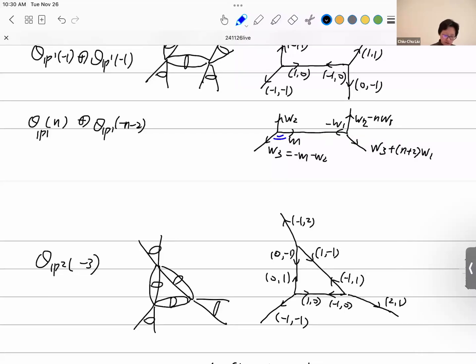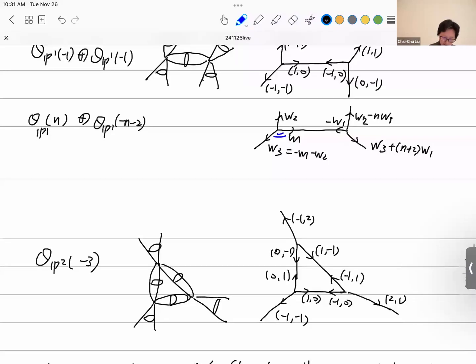So this configuration of rational curves, so we now have 3 P1s, 3 torus fixed points. So we have the toric graph with 3 vertices, 3 compact edges, and 3 non-compact edges.